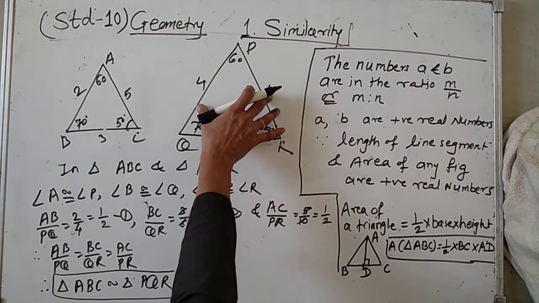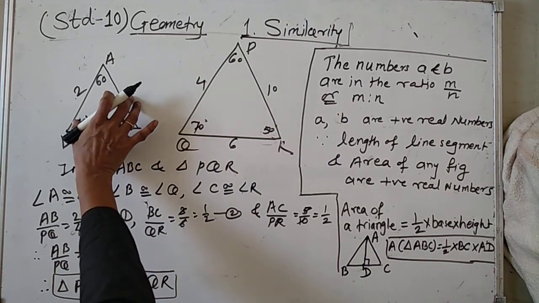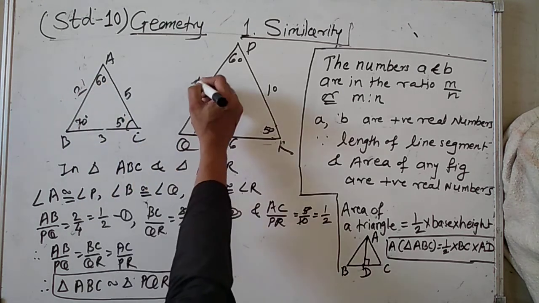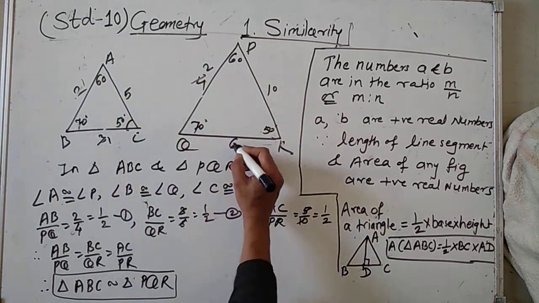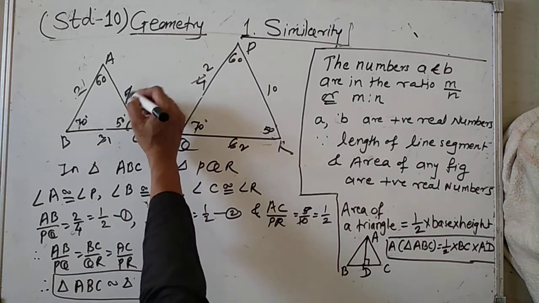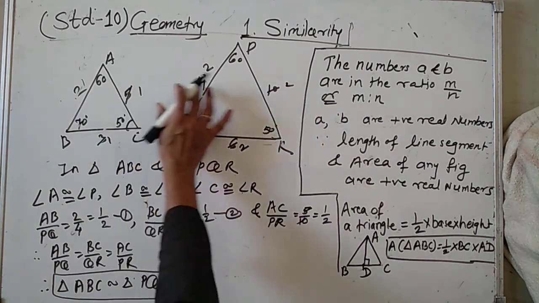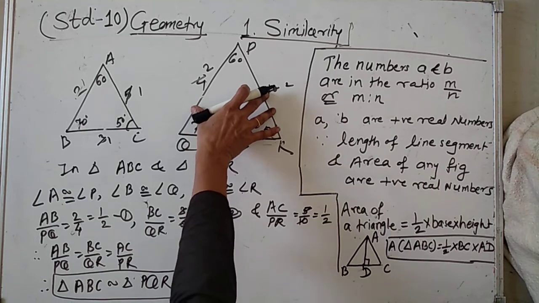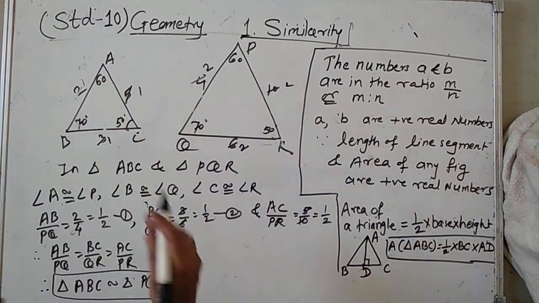So all these three sides are double the sides of triangle ABC.